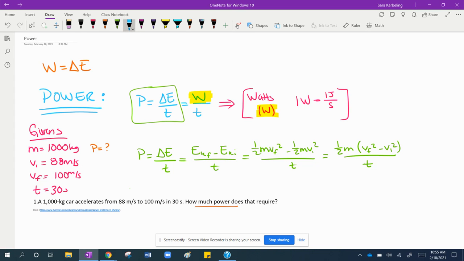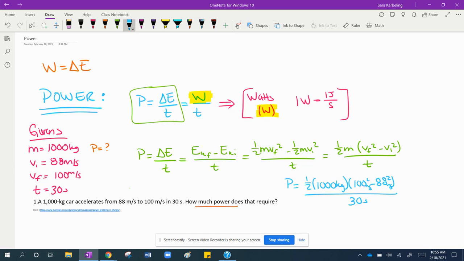So now that we've done that, let's go ahead and plug in our numbers here. So we've got power be equal to 1/2 times the mass, which is 1,000 kilograms, times 100 squared minus 88 squared divided by our 30 seconds. These are in meters per second, by the way. Sorry about that. All right, then I'm going to go ahead and plug that into my calculator. You can do the same.